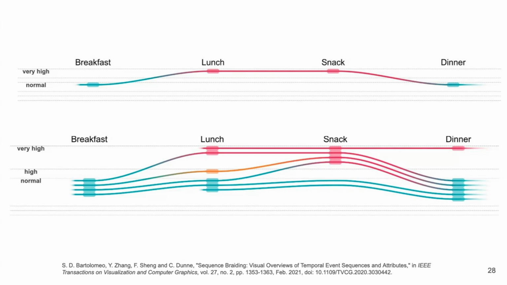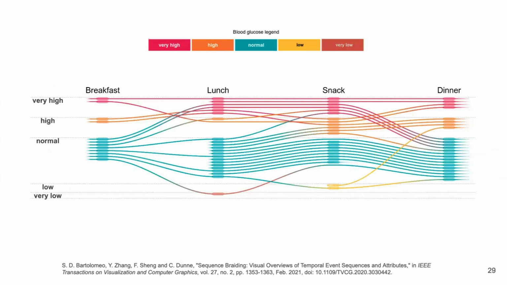So what the doctor is supposed to see from this visualization is that, oh, there were a number of lunches that ended up, oh, it's not in this one in particular, maybe. Okay, this one is representing a month of data instead. What could be interesting to see from this one is, oh, there's a number of normal blood glucose breakfasts that ended up in a very high blood glucose lunch.